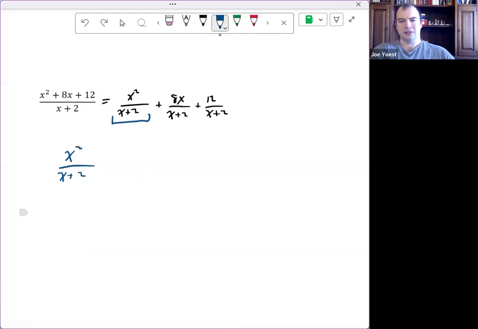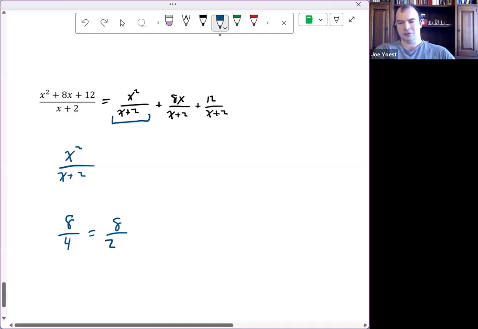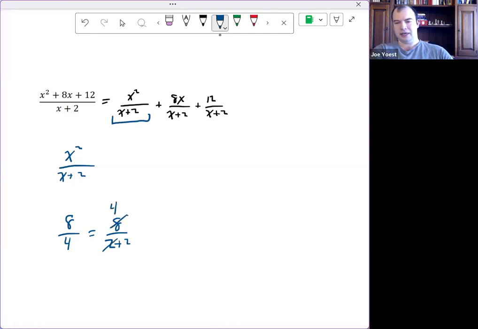If I have, let's say, 8 over 4, I know this is 2, but if I write it as 8 over 2 plus 2, I can't divide this 2 into that 8 and make this 4 over 2 or something.